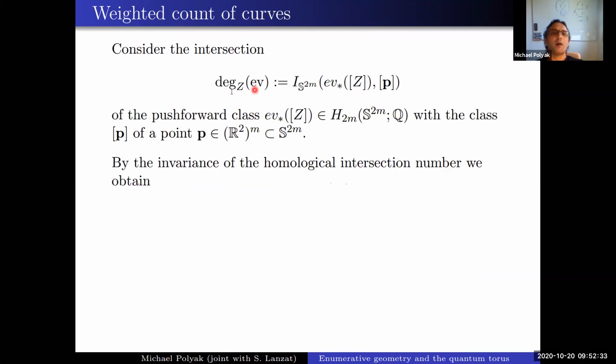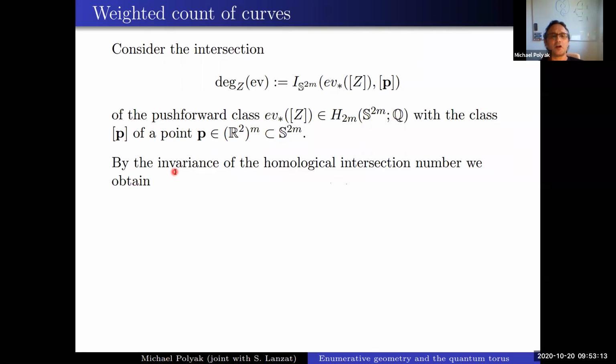I just call this number the degree of this evaluation map at this particular point. Okay, so if you wish, I pull back this point by the evaluation map and look at it in my moduli space, or I push it forward. Again, it's better to think about it as pushing forward classes and the intersection in the sphere with the class of the point. But basically, it's just the degree of this evaluation map at this specific point.